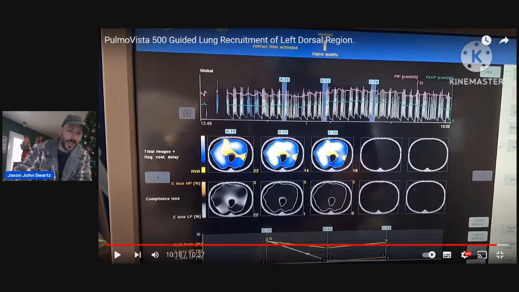I know it's a weird way of saying it. Why don't you say gain or loss of compliance? But this specific one lets you know that the loss of compliance is going to lead to atelectasis. And then orange would let you know that the loss of compliance is going to likely lead to overdistension. So it's important to understand what these colors represent.